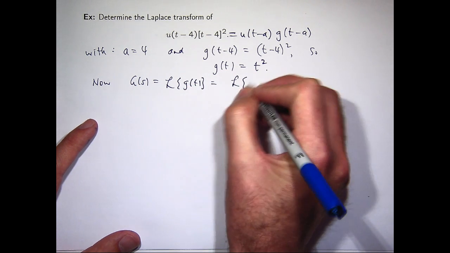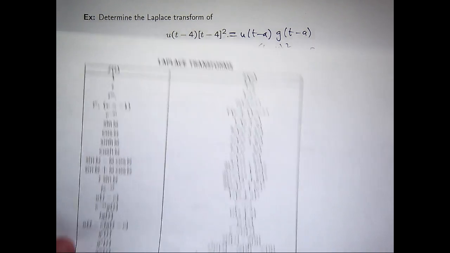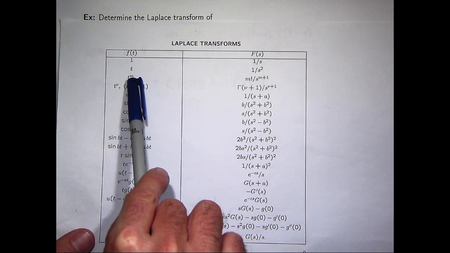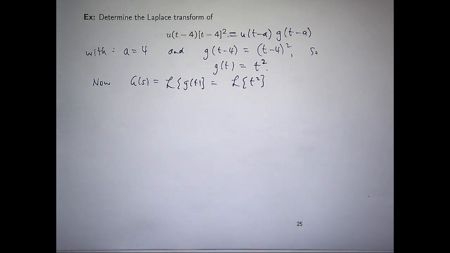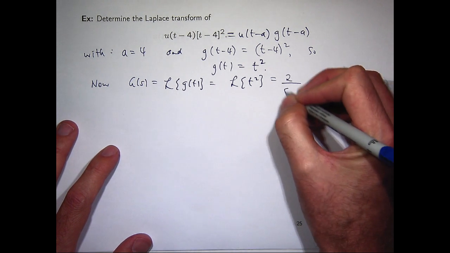Okay, so t squared, the Laplace transform of t squared? Well, I'm sure you can probably remember it, but all you need to do is go over here with m equals 2. So you're going to get 2 factorial on s to the power 3. So 2 factorial is just 2.